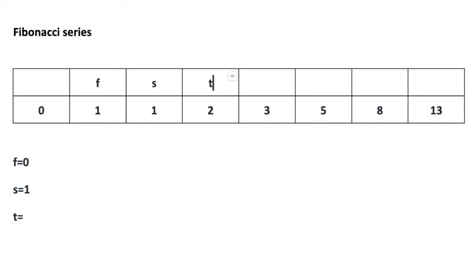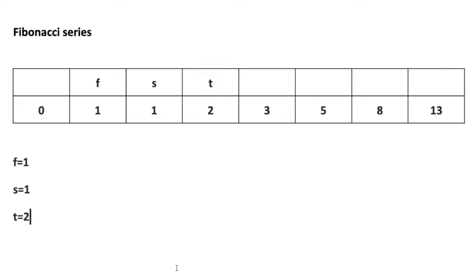To calculate the third term, again we'll have to do f plus s. So the previous two terms, we'll have to add them up to find the next term. So over here f plus s is 1 plus 1, which is 2, and I'll just update the values over here. So f is equal to 1, s is equal to 1 again, it stays the same, and t over here is equal to 2.